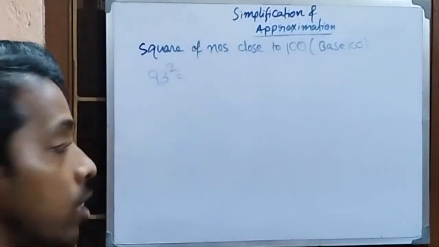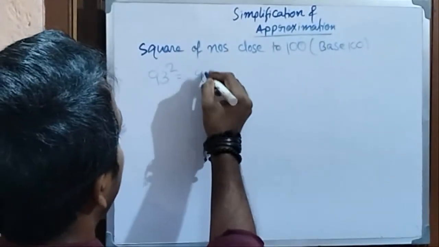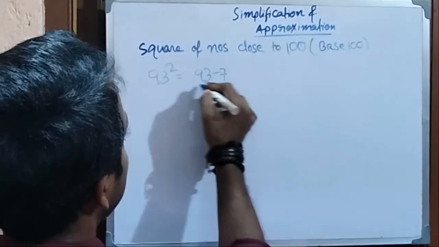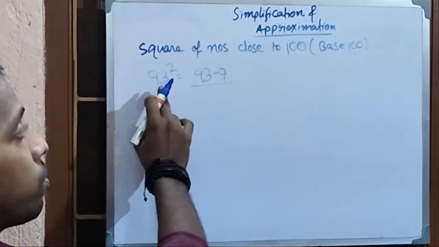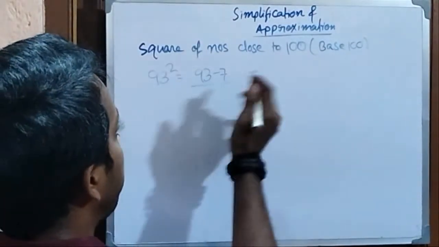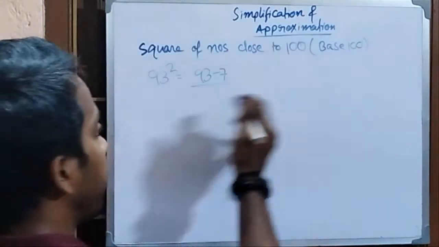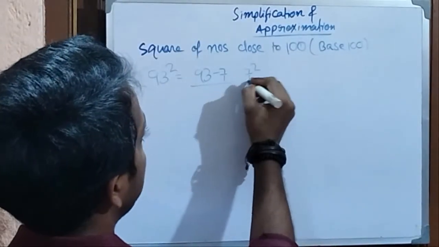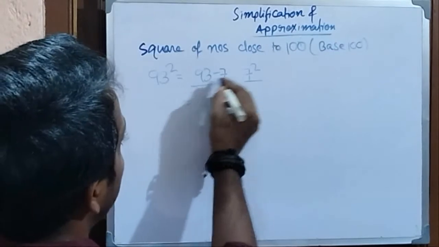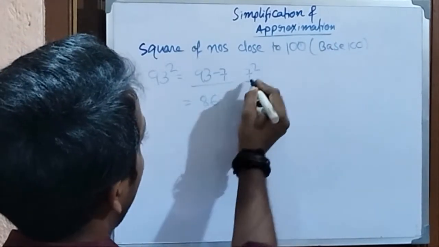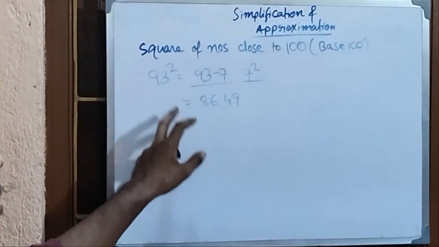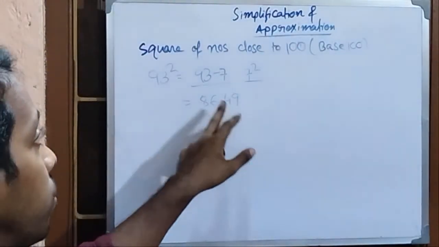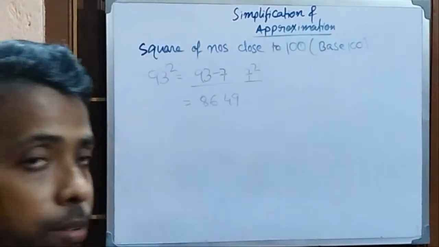So 7 should get subtracted from this 93 in the first box. And in the second box you will take the square of 7, the lesser part. So 93 minus 7 is 86, and 7 square is 49. So the final answer is 8649, which is the square of 93.